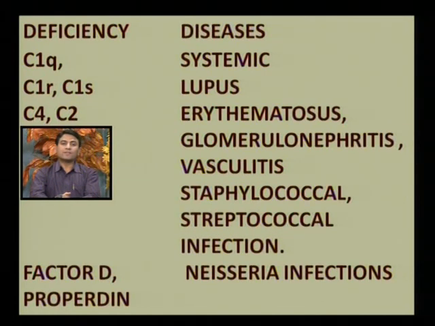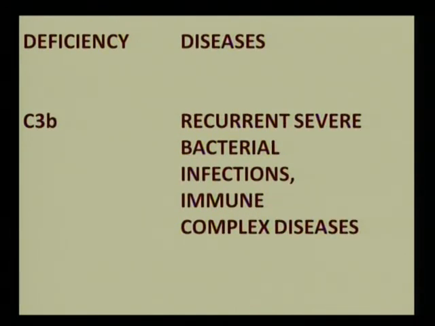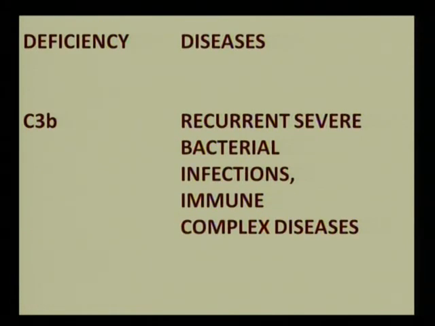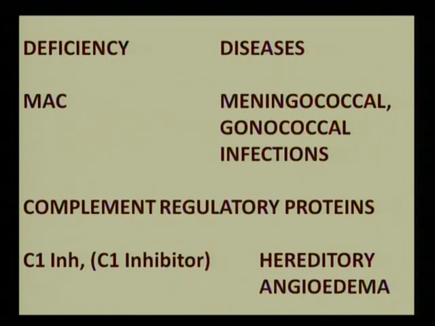Factor D deficiency or properdin deficiency leads to infection by certain bacterial agents, and deficiency in C3 leads to recurrent severe bacterial infections, immune complex diseases, and so on. Membrane attack complex deficiency leads to meningococcal and gonococcal infections, and if the complement regulatory protein C1 inhibitor is not there, it is responsible for hereditary angioedema.